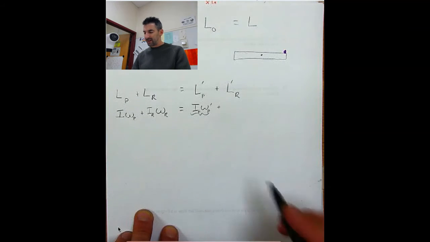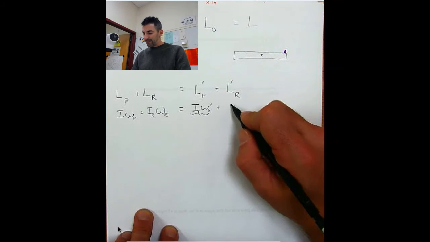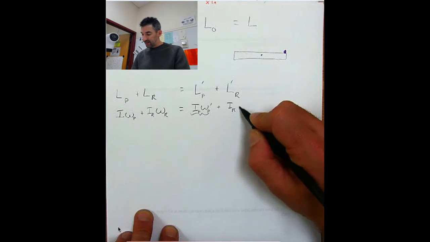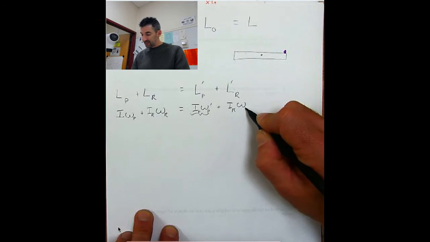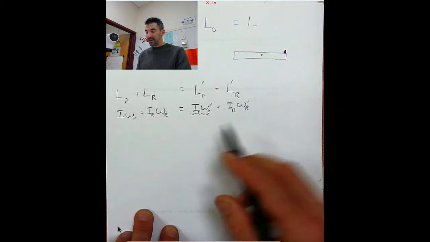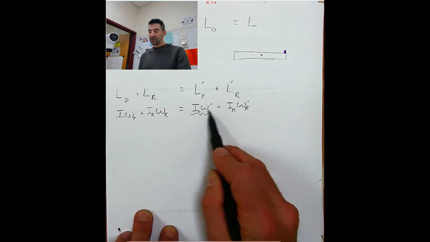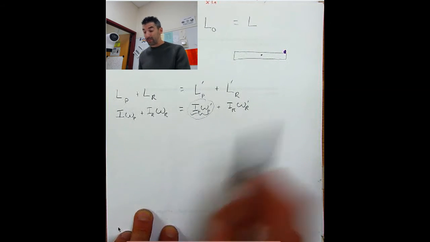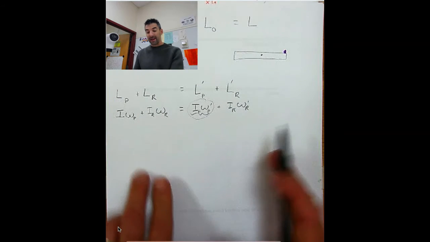We're going to get back to that. Plus my angular momentum of the rod is going to be I rod angular velocity of the rod prime. Now, you might not have this guy written down, and we're going to get to that momentarily. I'm going to first work with my initial conditions.